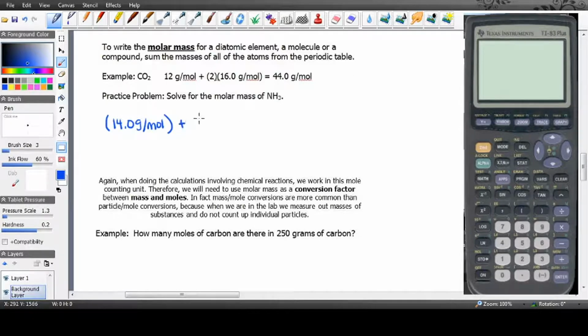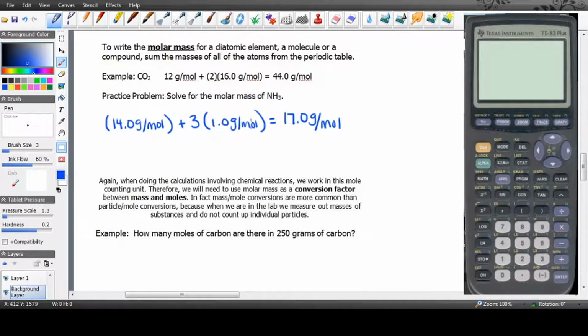I'm going to multiply 3 times the molar mass of hydrogen, which is 1. And of course, that adds up to 17 grams per mole. So this is how we calculate molar mass.